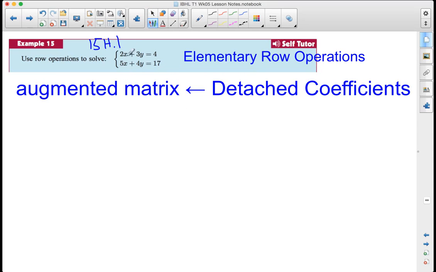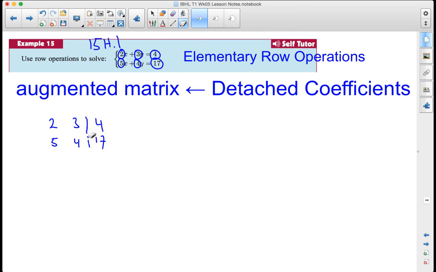Well, the coefficients 2, 3 and 4 are going to be written, and so are 5, 4 and 17. We put a bit of a line here, which sort of indicates the equal sign.